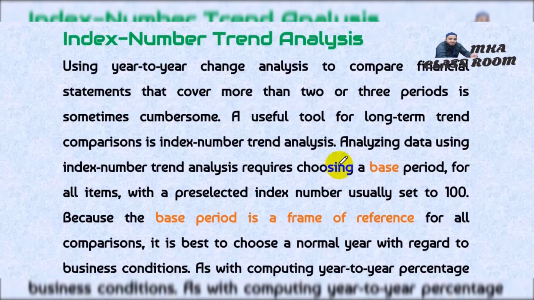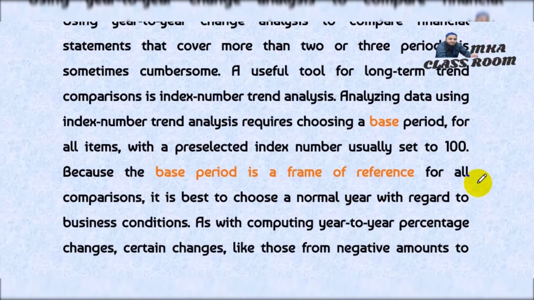Analyzing data using index number trend analysis requires choosing a base period for all items with a pre-selected index number, usually set to 100%, because the base period is a frame of reference for all comparisons.